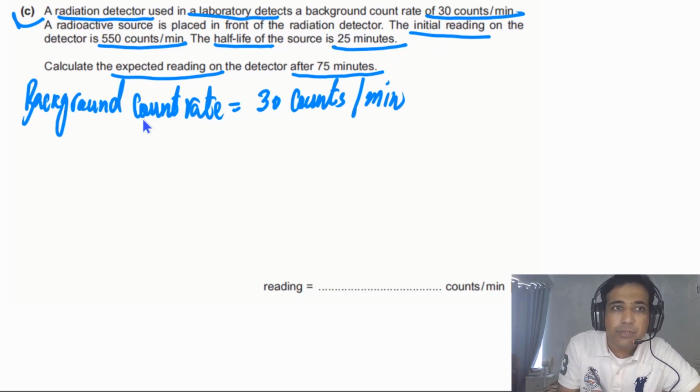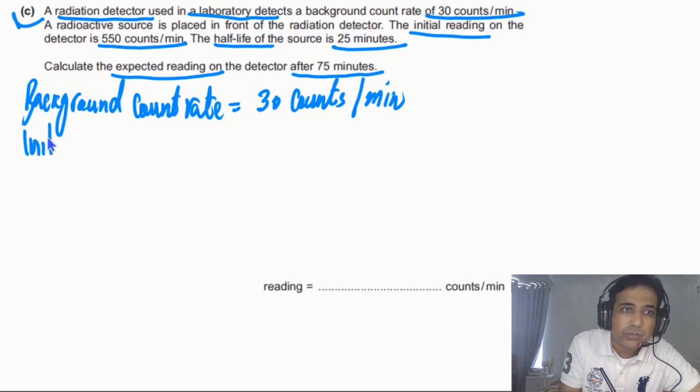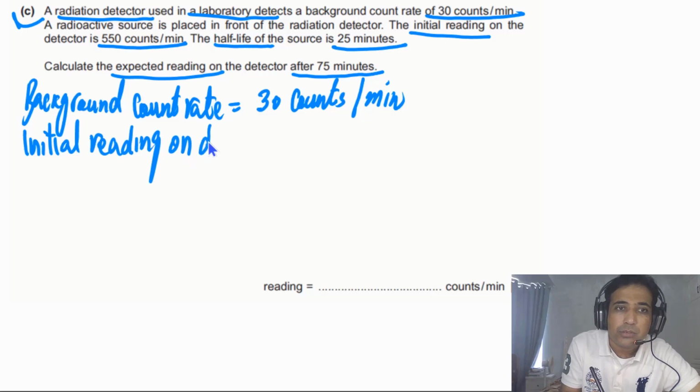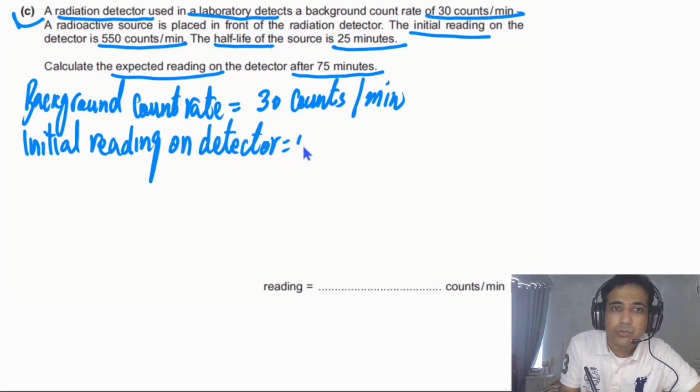We also have initial reading on detector. Initial reading on detector is equal to 550 counts per minute.